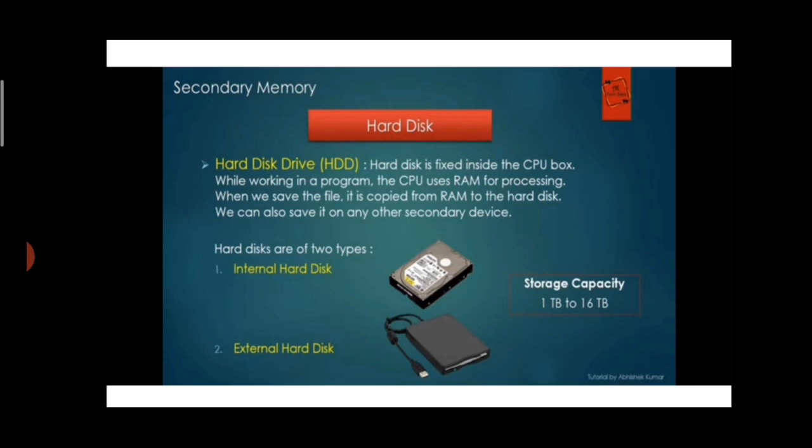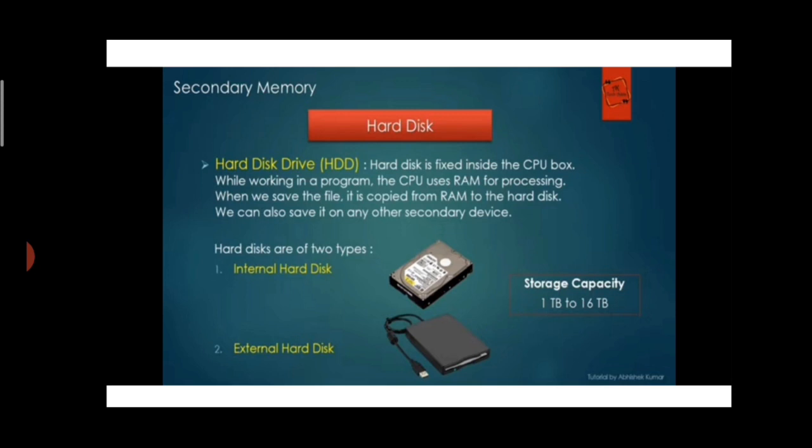Now we can also save it on any other secondary devices, like we can save it in pen drive, CD, DVD or any other secondary device. Now hard disks are of two types: internal hard disk and external hard disk.